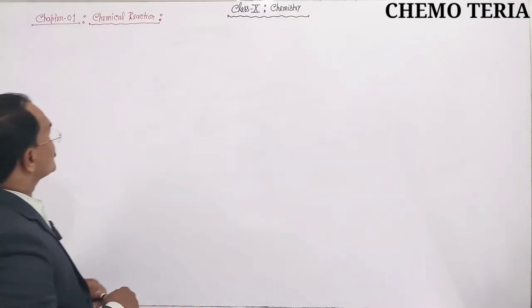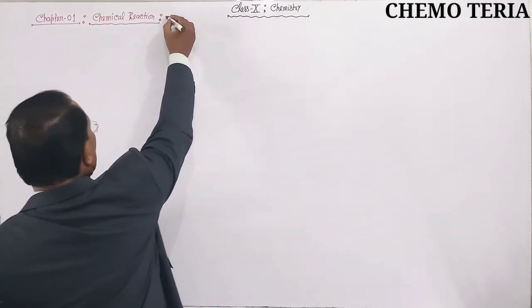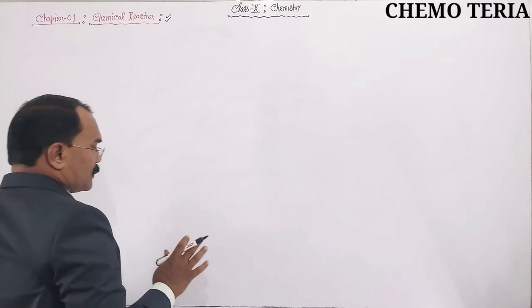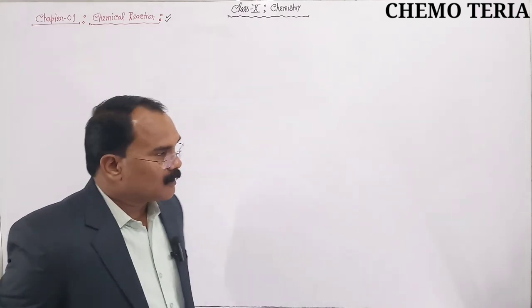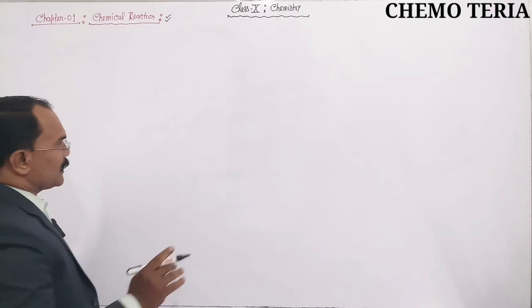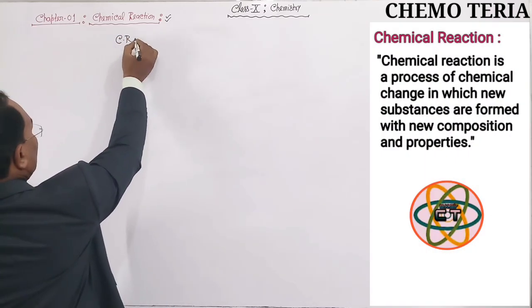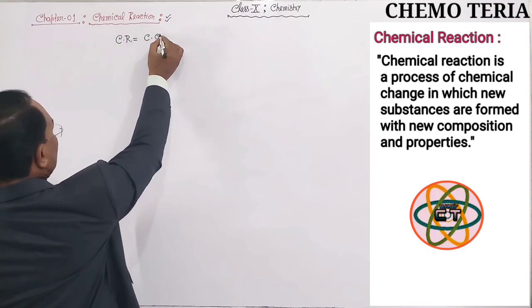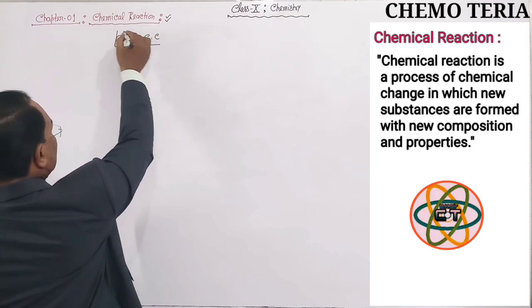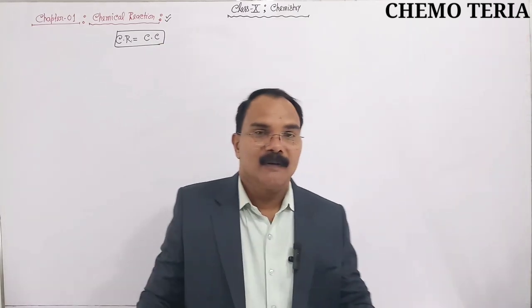For convenience, I have written the name of the chapter beforehand, and we have to understand what a chemical reaction is. So first of all, a chemical reaction is a chemical change. CR, that is CC: chemical reaction is chemical change.